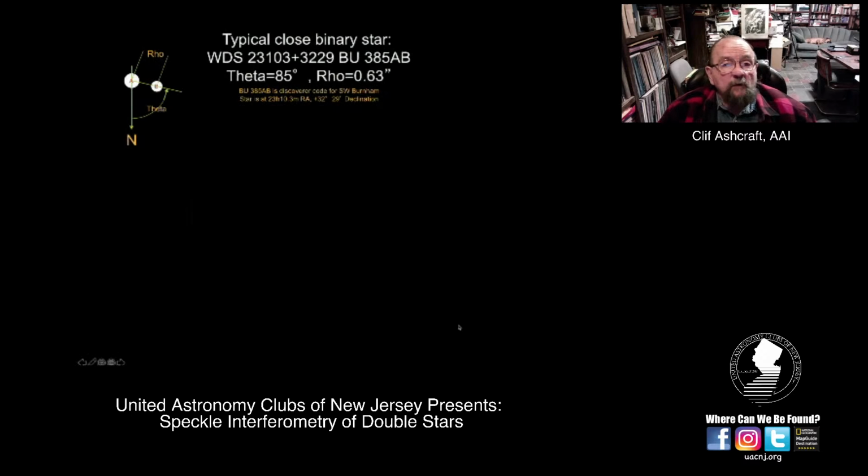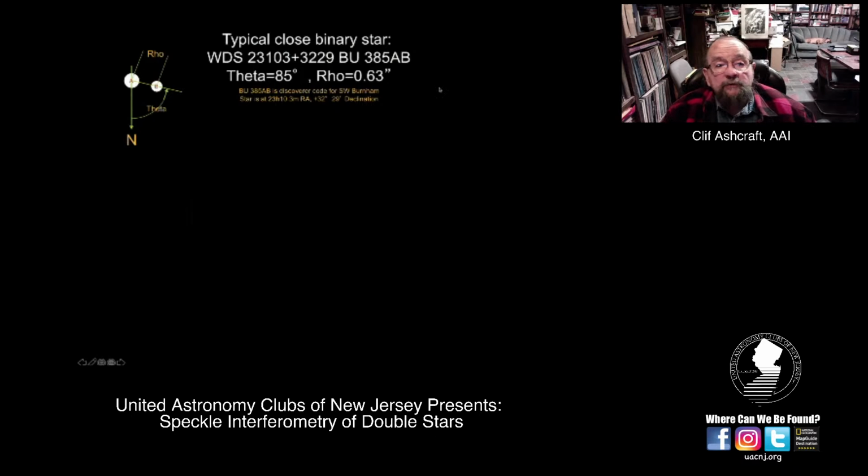It's Washington Double Star catalog number 23103+3229, and the discoverer designation is BU 385AB. It has a position angle, or theta, of 85 degrees. This is measured from the north by east towards the line between the two stars, and a separation, or rho, of 0.63 arc seconds.